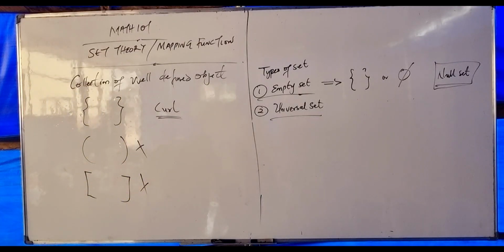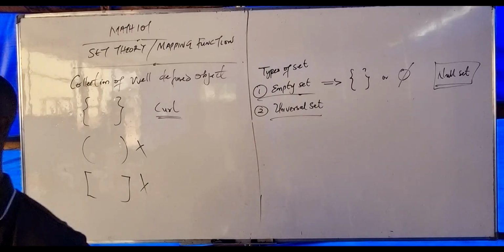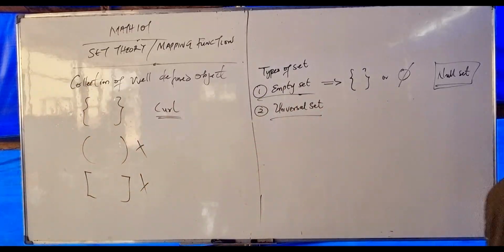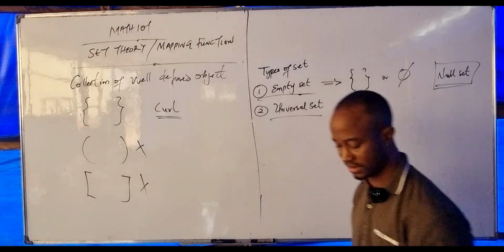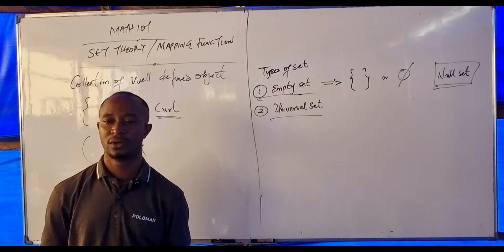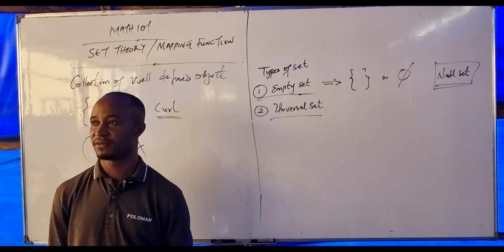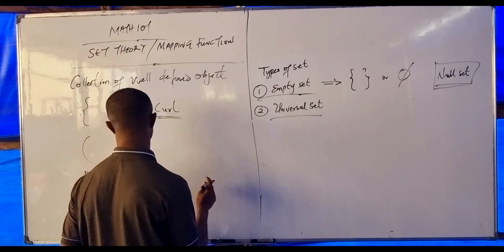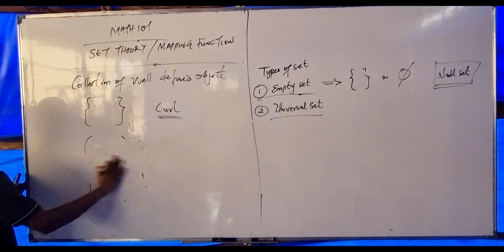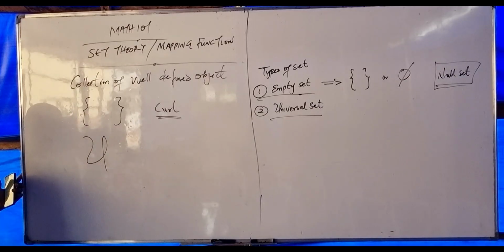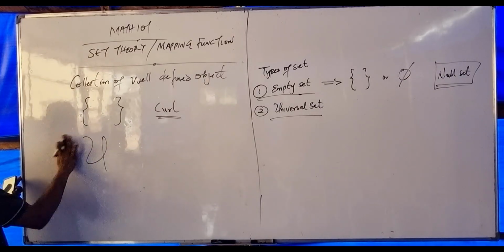A universal set is a set that contains every other subset. The symbol for universal set is simply this. Alright? The symbol for that is this.